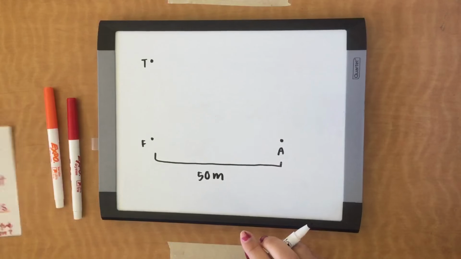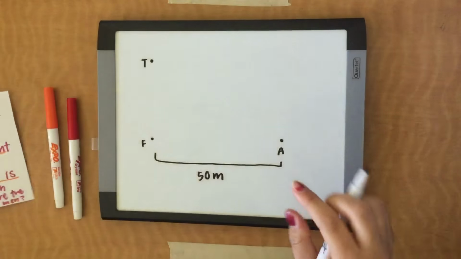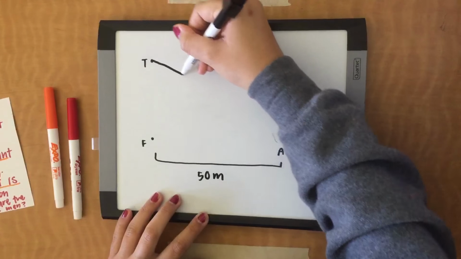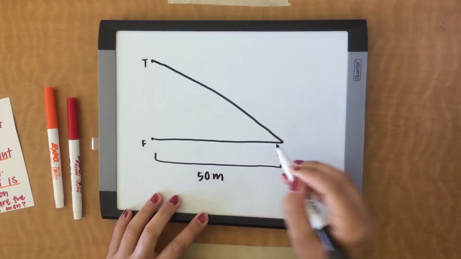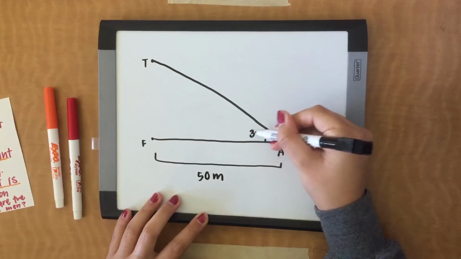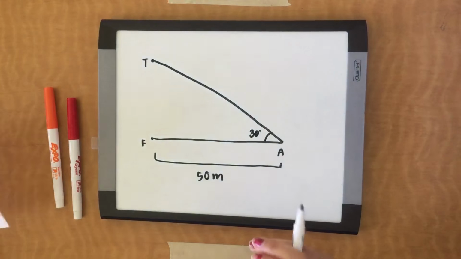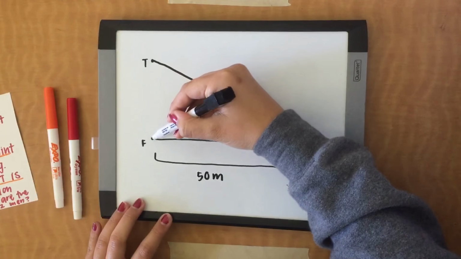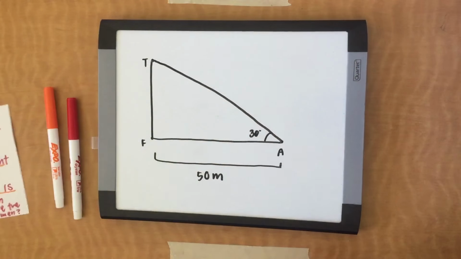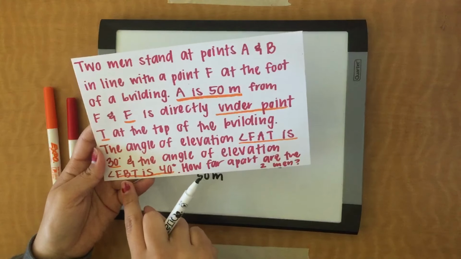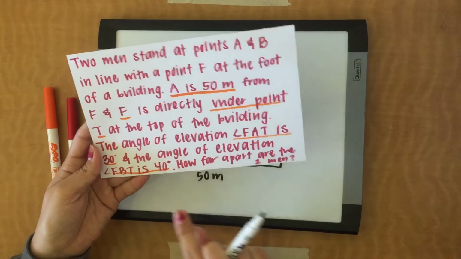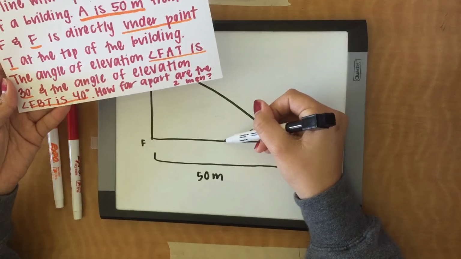And then we know that angle FAT is 30 degrees. So I can draw this and this. So this thing is 30 degrees. I can draw this little triangle here too. And we know that angle FBT is 40 degrees. So we'll have point B here.